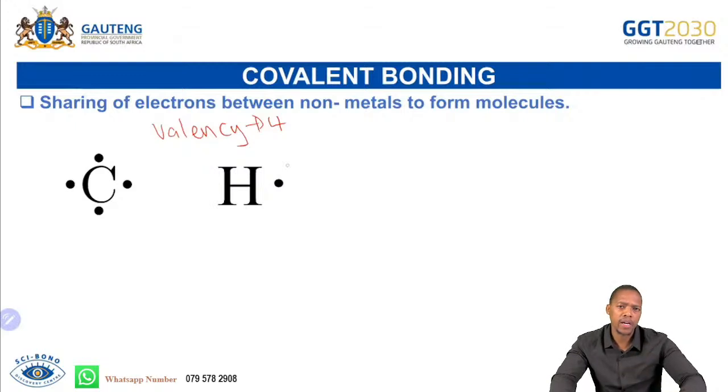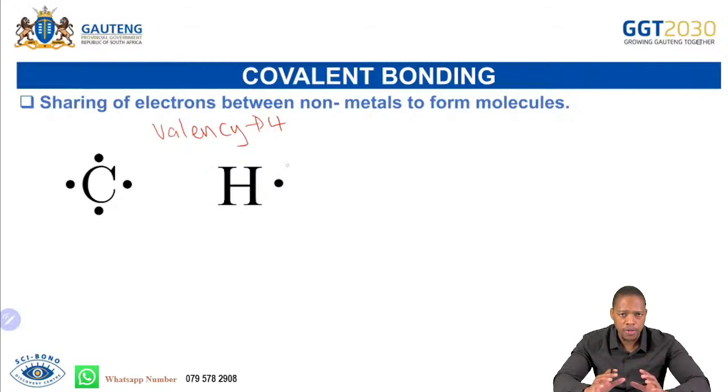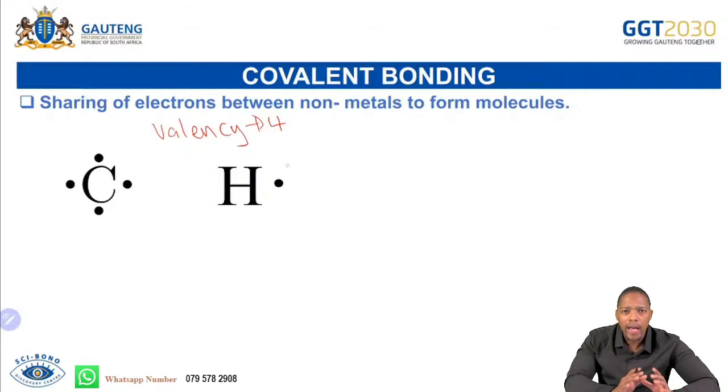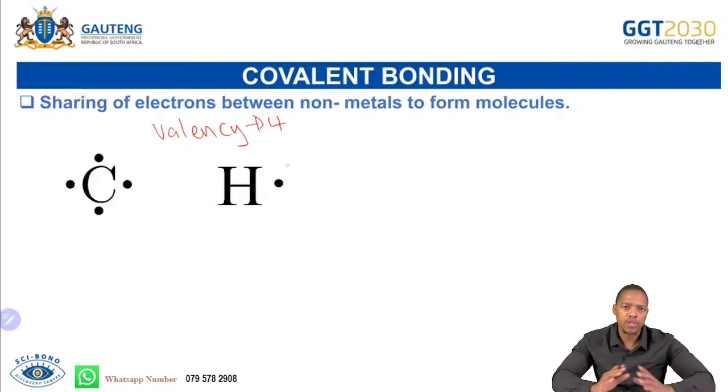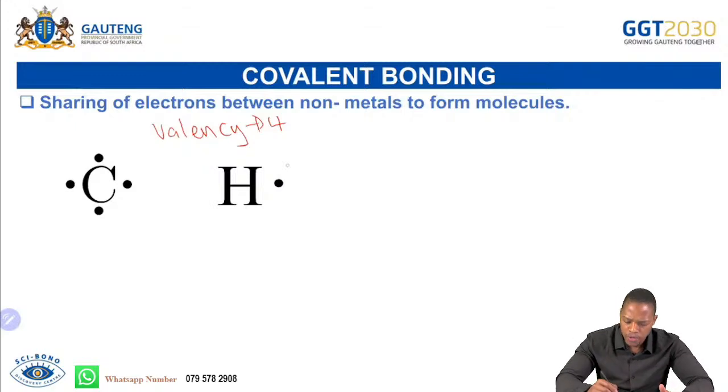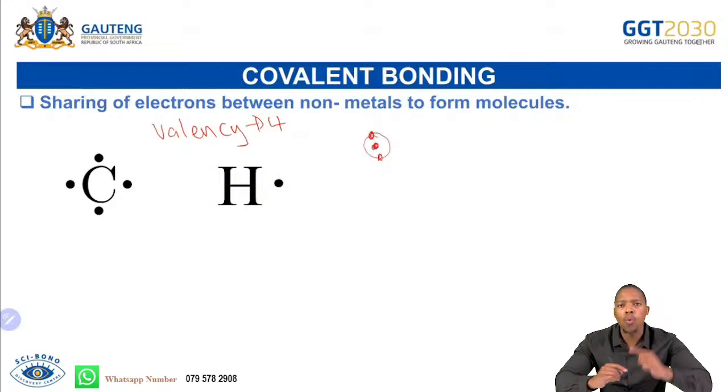Now, if you remember in grade 10, this is how I usually put it, and I hope you follow me. I say carbon is not happy with only 4 electrons in its outermost shell. None of the elements are happy if their outermost shell is not filled, meaning it's not inert. And when is the outermost shell inert? Well, there are 2 options. If the outermost shell is the first shell, it's going to be inert if it has 2 electrons in its outermost shell, right?